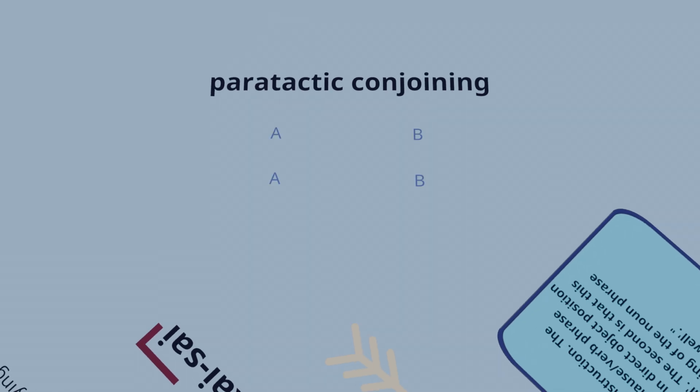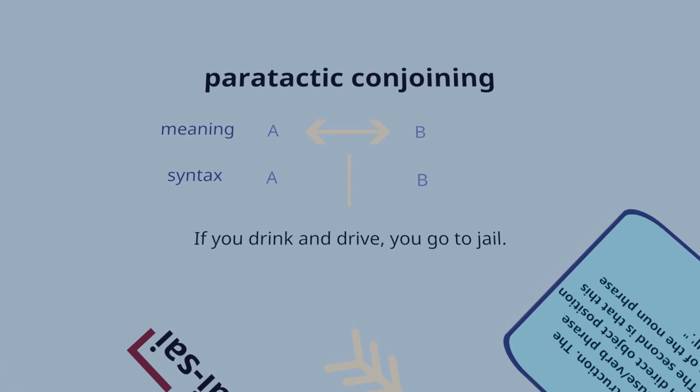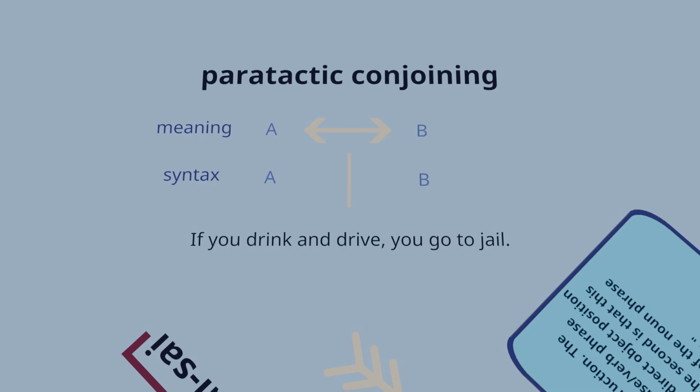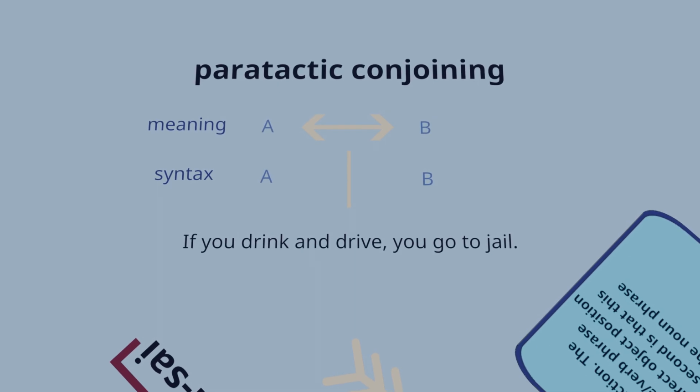You have two bits of language that are related at the level of semantics, at the level of what they actually mean, but not at the level of syntax. At the level of syntax, they're just juxtaposed. There's nothing in the syntax to show that the two bits are related. It'll be clear with an example. If you drink and drive, you go to jail. Here the connection between the two clauses is explicit in the syntax. We have that little word, if.